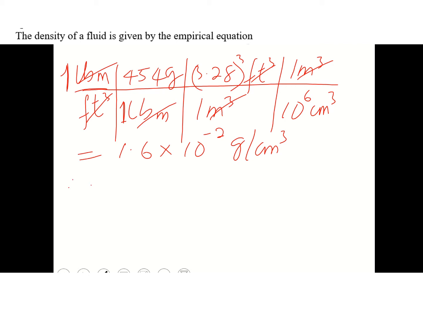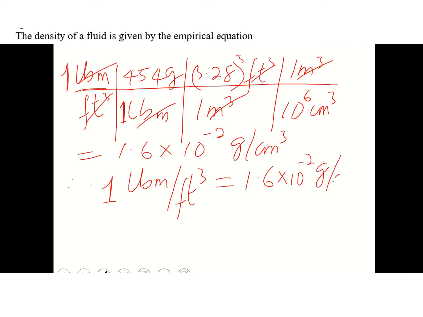So the meaning is that 1 pound mass per foot cube is equal to 1.6 times 10 raised to the power minus 2 gram per cm cube. This is an expression that we need to take note of.